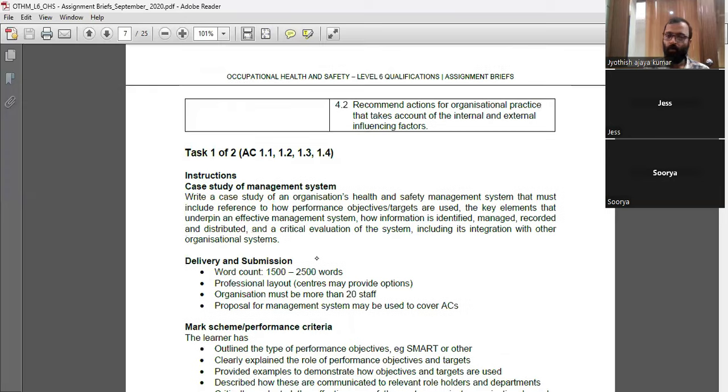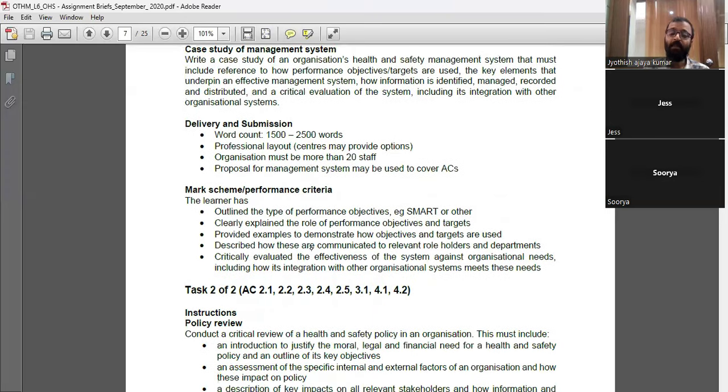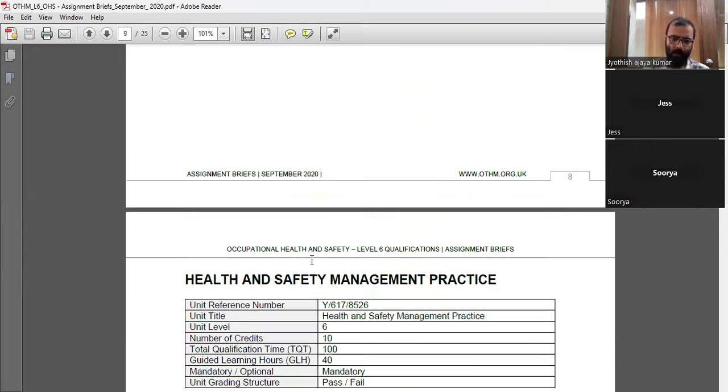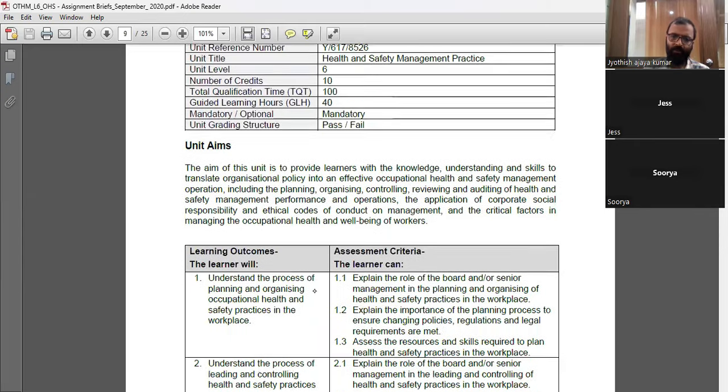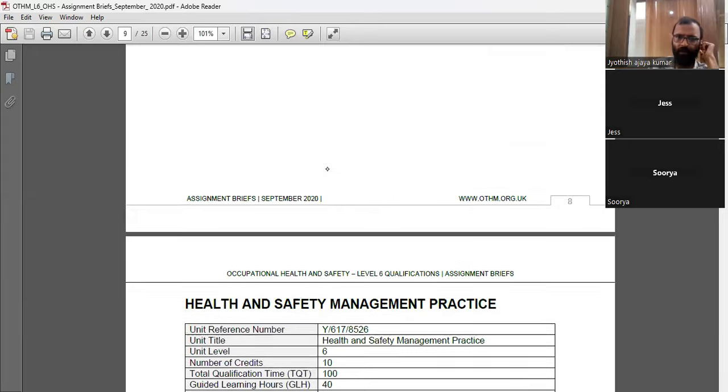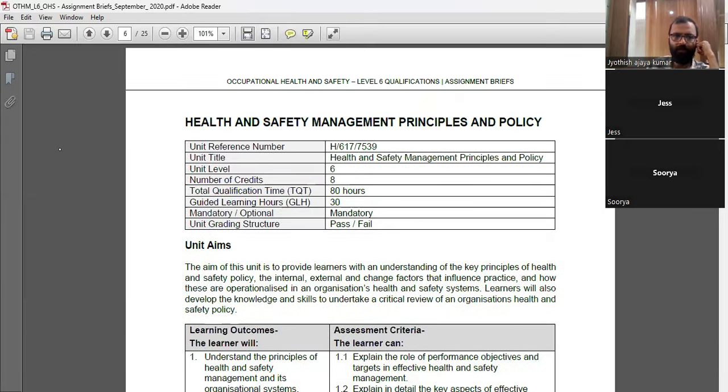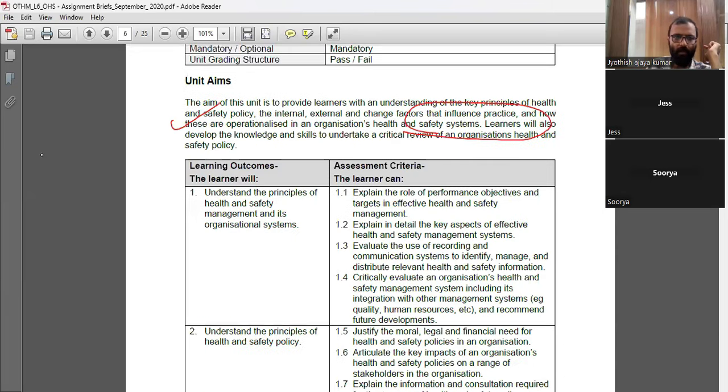For each unit there are tasks, task 1, task 2. This is the first unit, health and safety management principles and policy, and for this you have the learning outcome and assessment criteria.